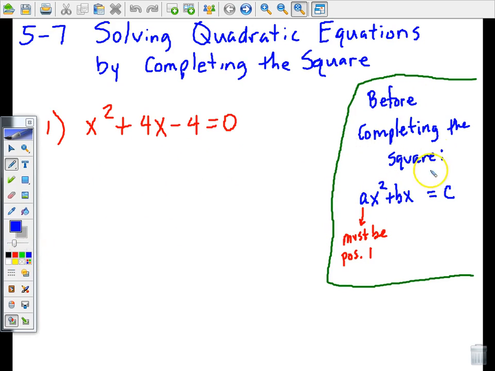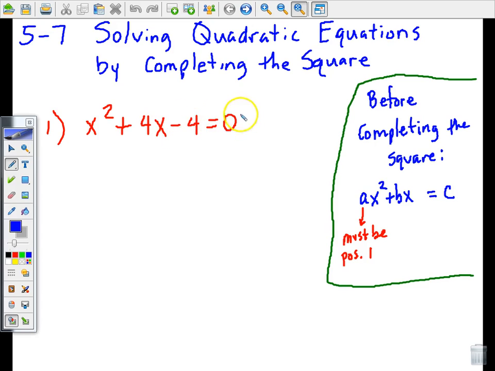Notice my note here off to the right. Very important that you observe that the quadratic equation must be set up in this format before you can even begin the completing the square process. So that means that my constant, in this case -4, needs to be moved to the right side of this equation.